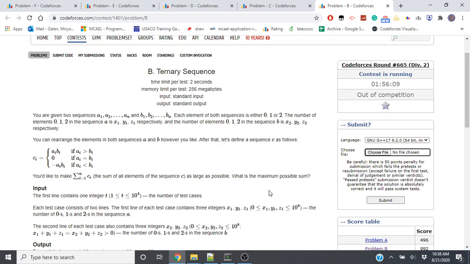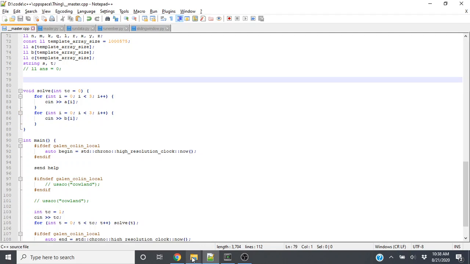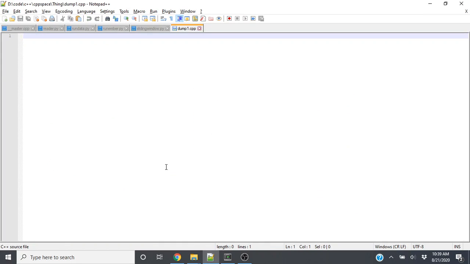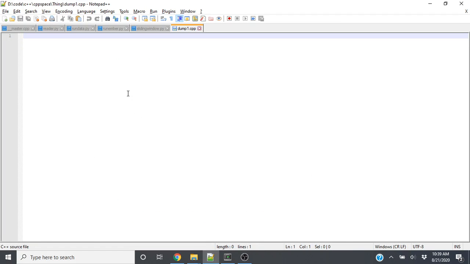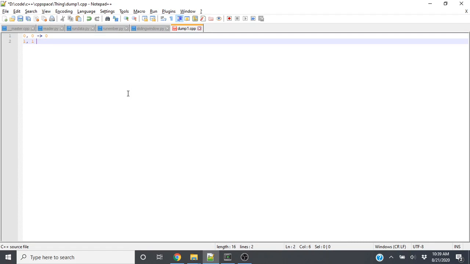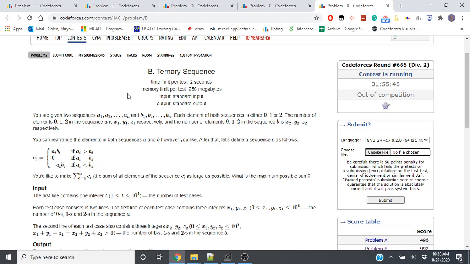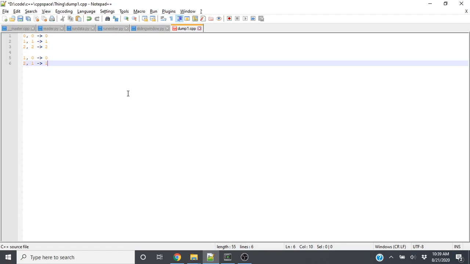So let's just do some casework on what everything gives us. If we have 0, 0, we get 0. 1, 1, 1, 2, 2, 2. 1, 0, 0, 2, 1, 1, 2.